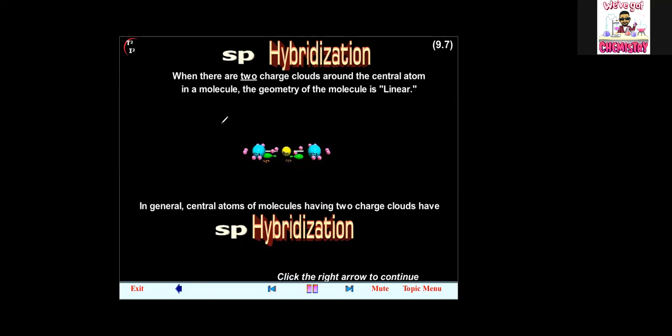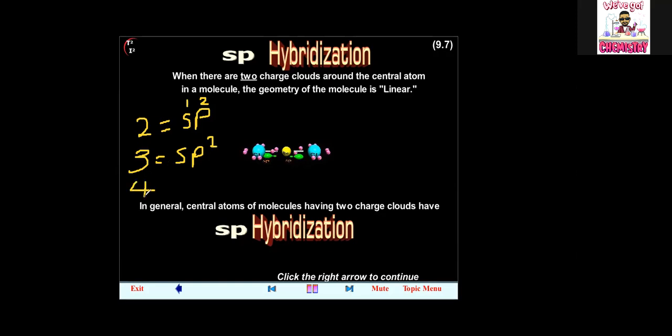All right, let's look at the general trend here. When you have 2 charge clouds, you will get sp. Just remember that each one of these represents an electron cloud: 1, 2. When you have 3 charge clouds, you're going to have sp2. That means 1 plus 2 making 3.